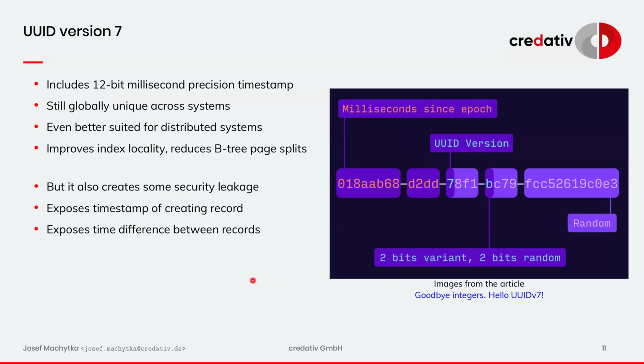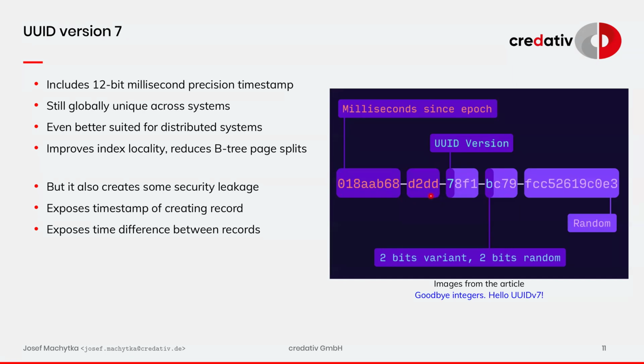And now, what about UUID version 7? This is actually a game changer for many reasons, because it contains milliseconds here in these first two groups.